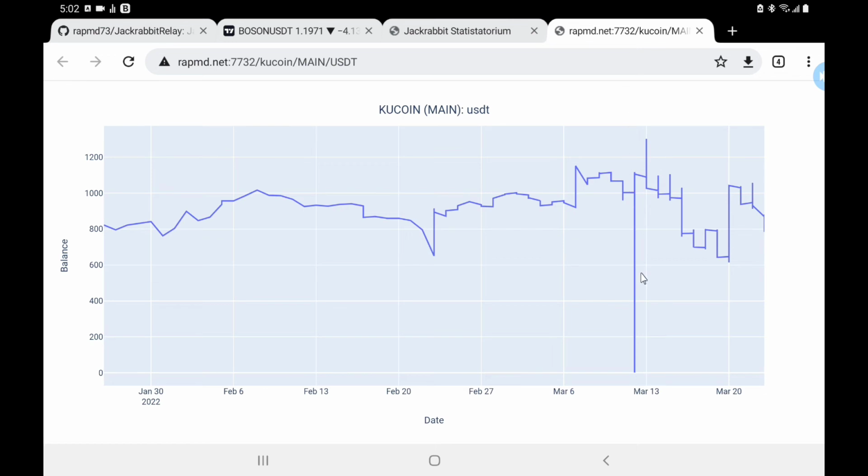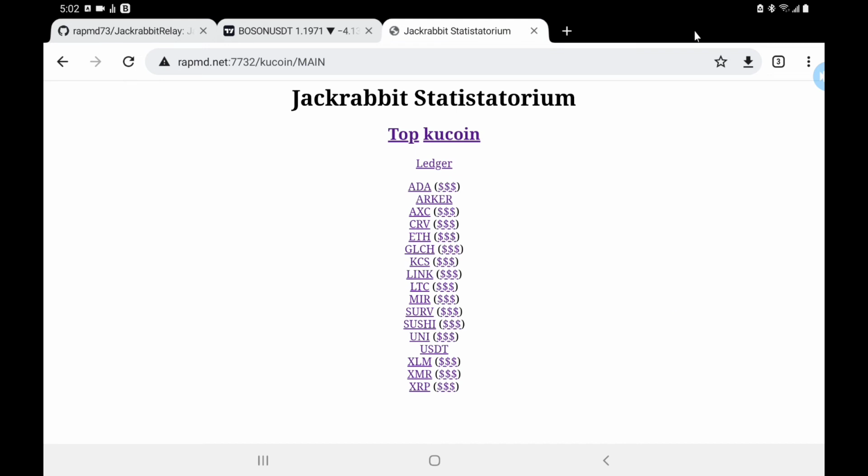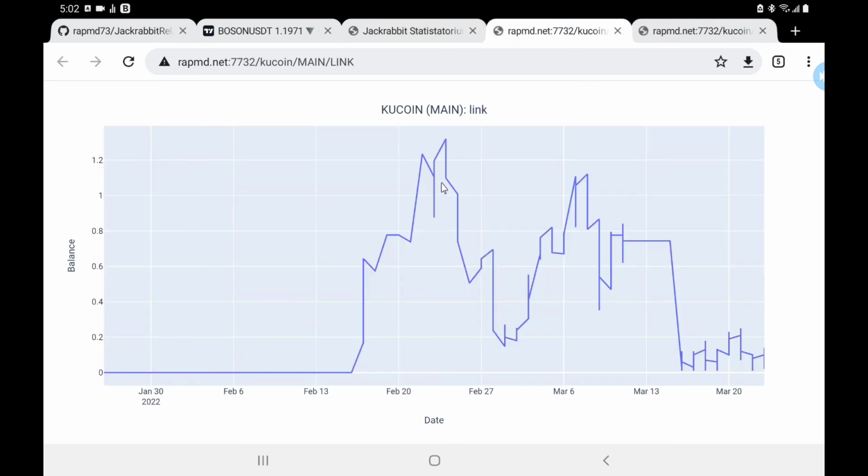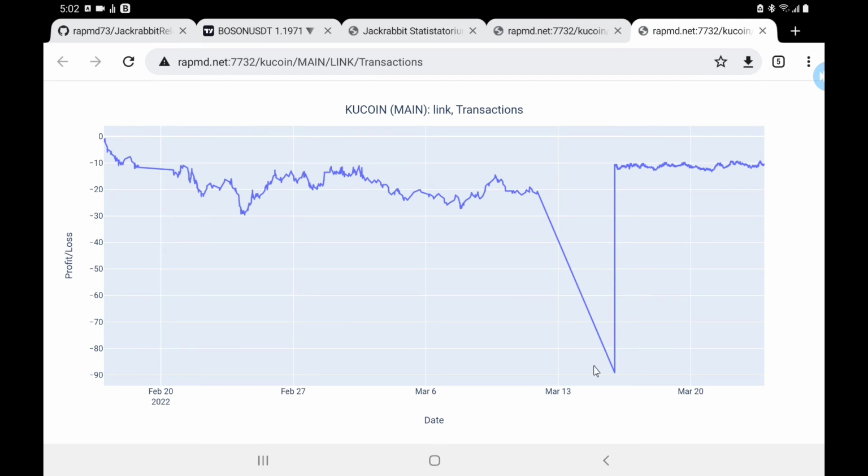And it's not hard to figure out by looking at these charts which coins are actually my largest assets and which coins have the largest accumulations. For example, you can see here I had quite a bit, and here I had quite a bit. And that is reflected in my actual trading, where I went $90 underwater on this one asset, just to have one sell come back up with a very generous payoff.